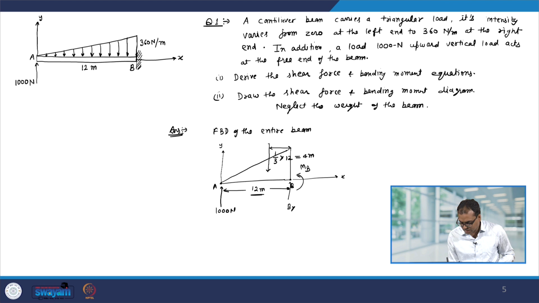So, this distance is going to be 4 meter. Now, how much is the loading intensity? So, load will be 1 by 2 into 12 into 360 Newton per meter, and this will give you 2160 Newton. So, that much force is going to act downward.